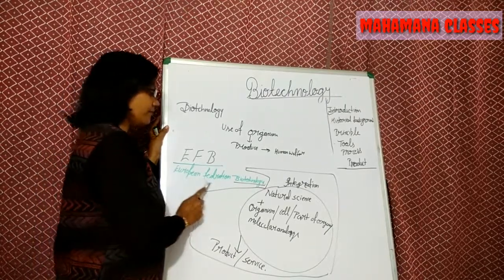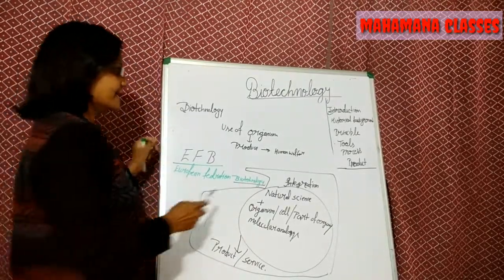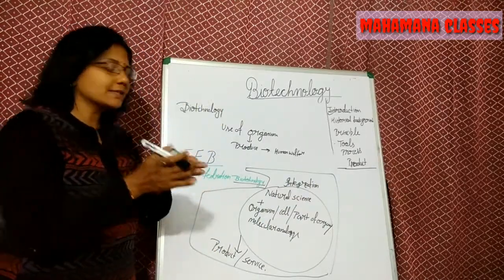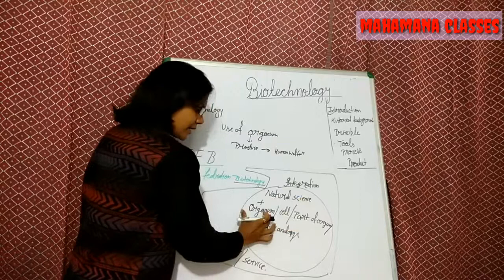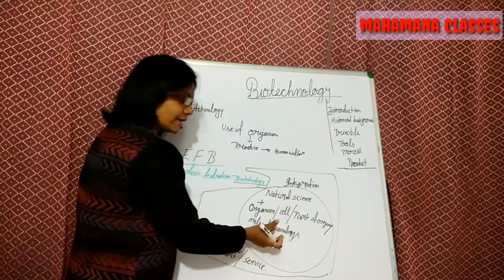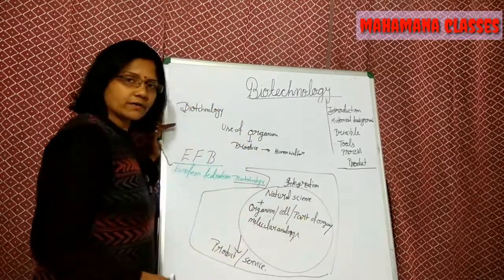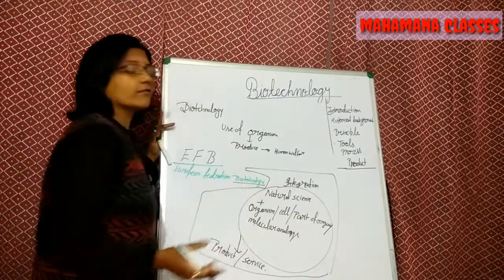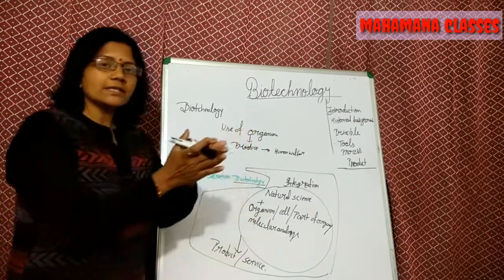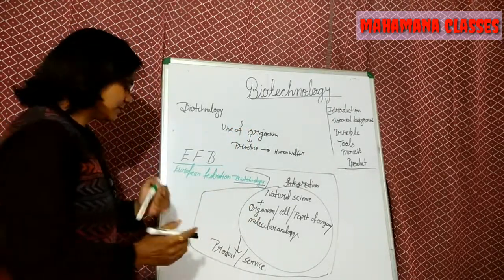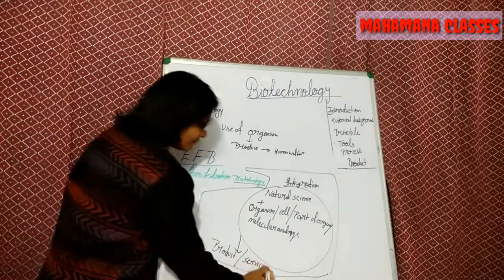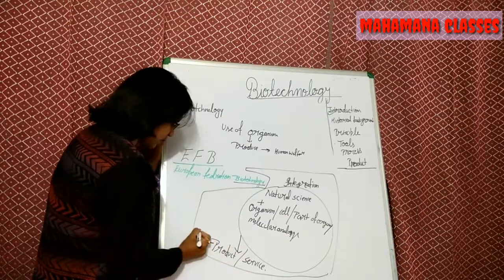Let us see again what biotechnology has been defined as by the EFB, the European Federation of Biotechnology. It is the integration, or combined study, of natural science and organisms or cells of any organism or any part of that organism, or molecular analog. The whole study is aimed at a result in the form of a product or service which will be helpful for humans.